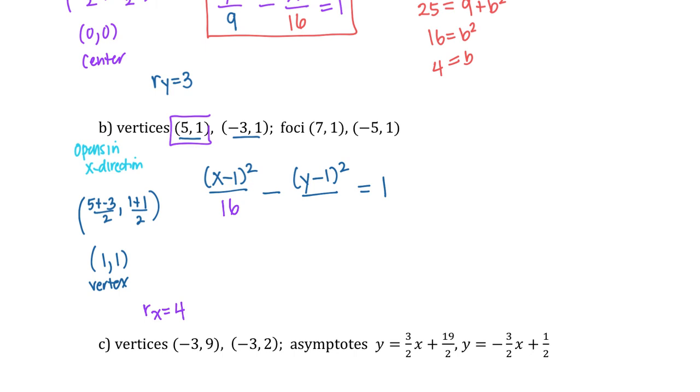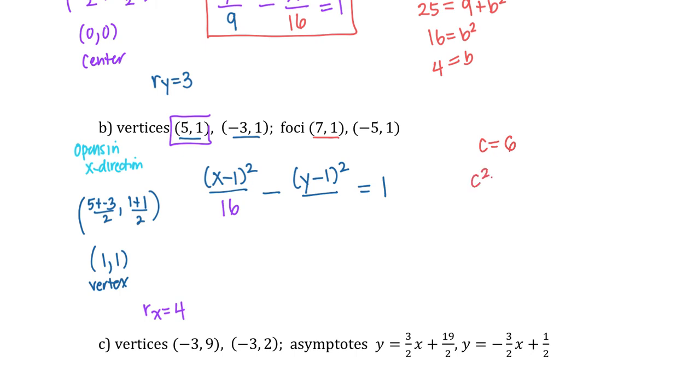Okay, they don't give me the y radius, but they do give me the foci. For the foci, I have (7, 1) and (-5, 1). If the center is (1, 1) and the focus is (7, 1), from (1, 1) to (7, 1) I have to go 6 units. So it must be true that the focal radius is 6.